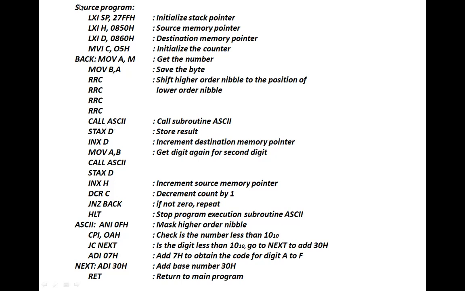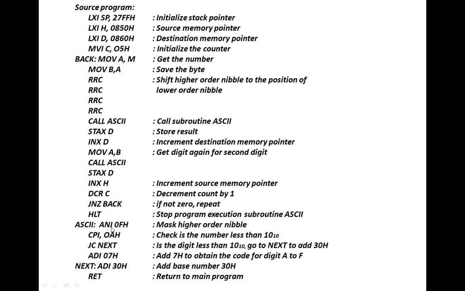Of course, whenever we are feeding this program into the memory location, this ASCII will be replaced by that memory location where the subroutine has to be written. So when we are doing the CALL ASCII instruction, it will call the ASCII subroutine and it will come over here instead of executing the rest.